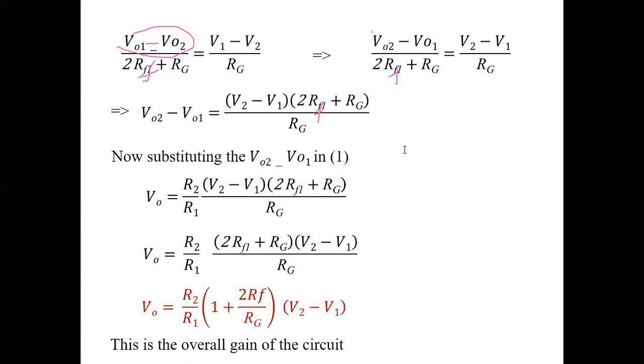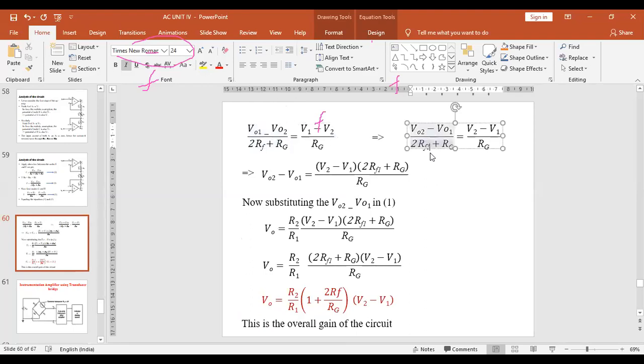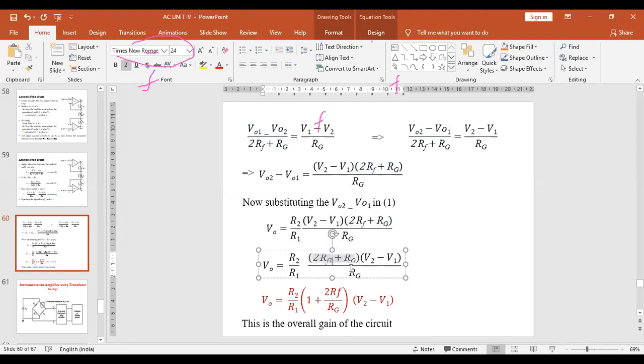Okay, so understood? The instrumentation amplifier is nothing but a special type of amplifier in which it has high input impedance, low output impedance, high CMRR, and low DC offset, and many more features.